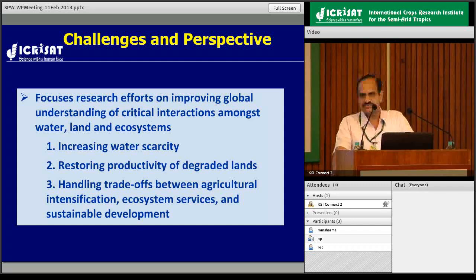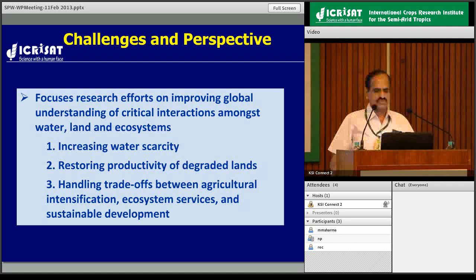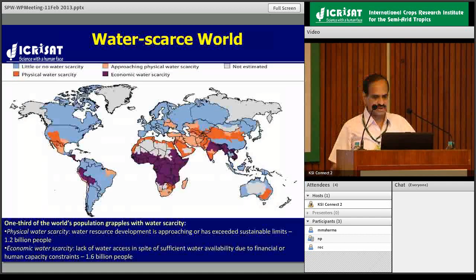That is very important in this particular research program, that we are looking at interactions between the land, water, and the ecosystems. And the outputs basically expected are increased food production, improved livelihoods, and sustainable resource management as such.